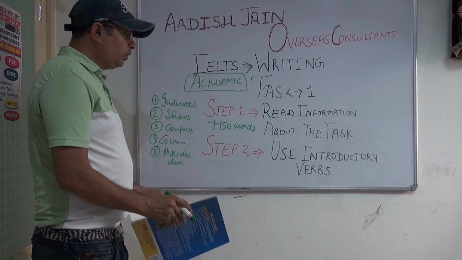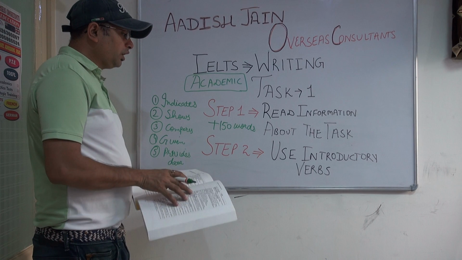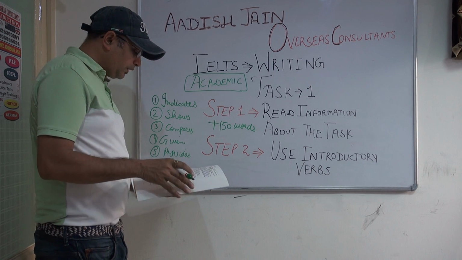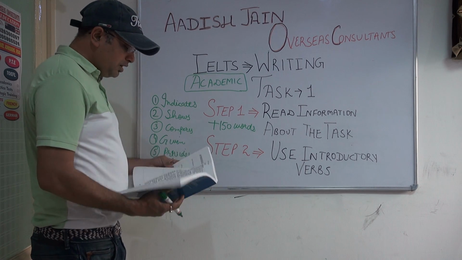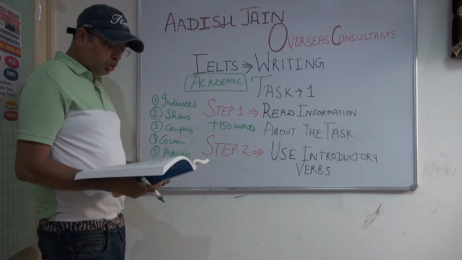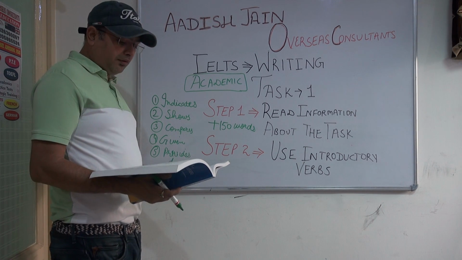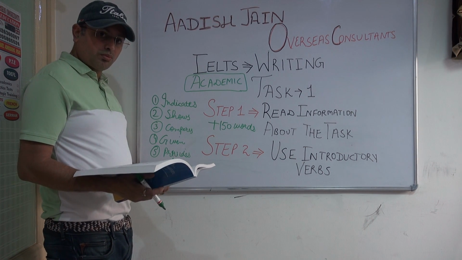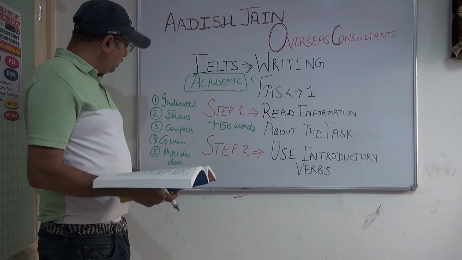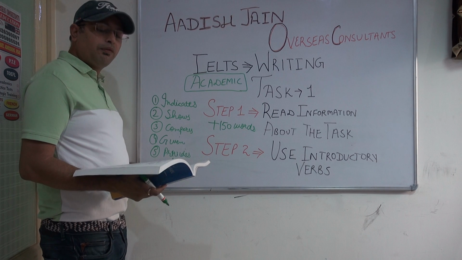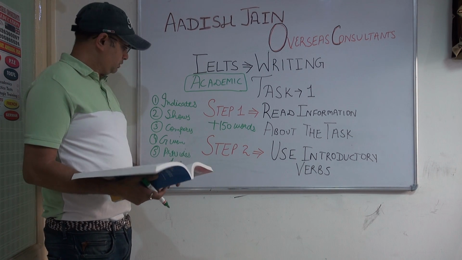So when we are trying to explain any chart, any pie chart or any line, bar graph, we need to use these words. For example, indicates. We can say the graph indicates the growth in the hospitality sector and decline in the aviation sector. We can equally say the graph shows how two scientists performed in the last 2 years.